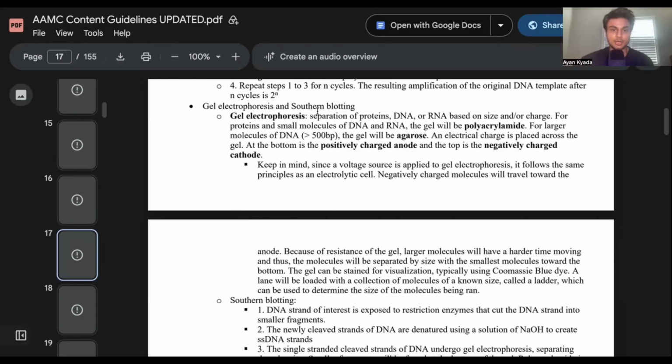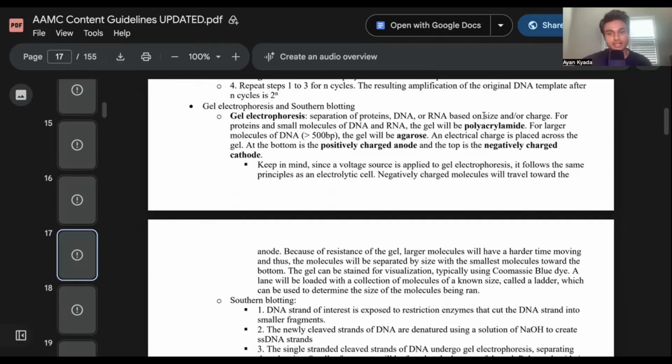So for MCAT purposes, gel electrophoresis is a good lab technique to separate either proteins or nucleic acids based on their size and their charge. The charge does affect the separation of the specific molecular fragments, but for MCAT purposes, they like to think of gel electrophoresis as primarily separating on the basis of size instead of charge.